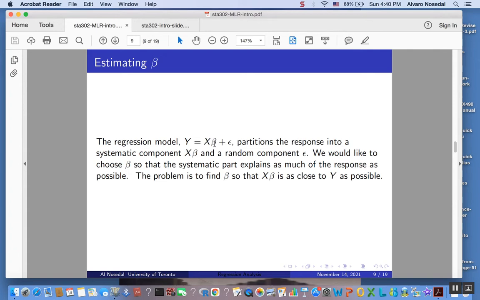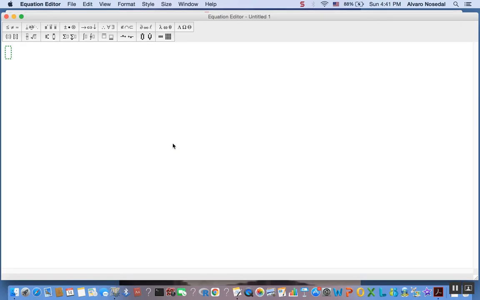So if you think about it, in this particular case, we have this kind of situation. Our first observation looks like this.